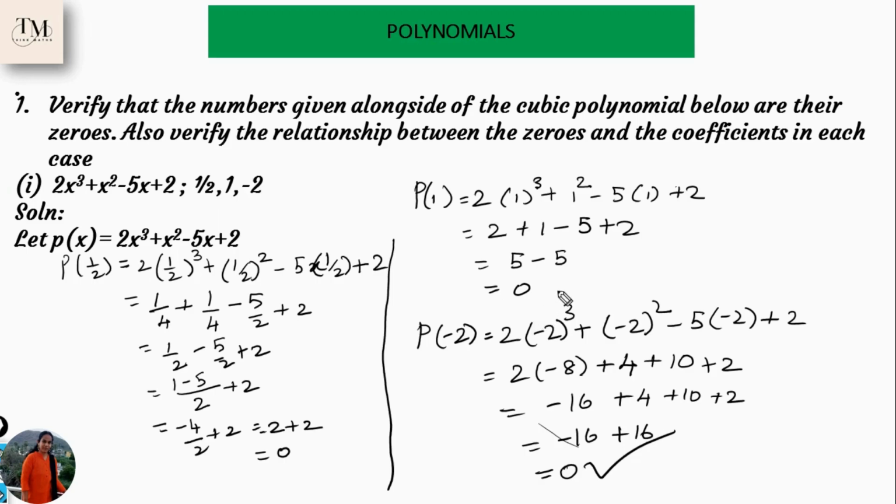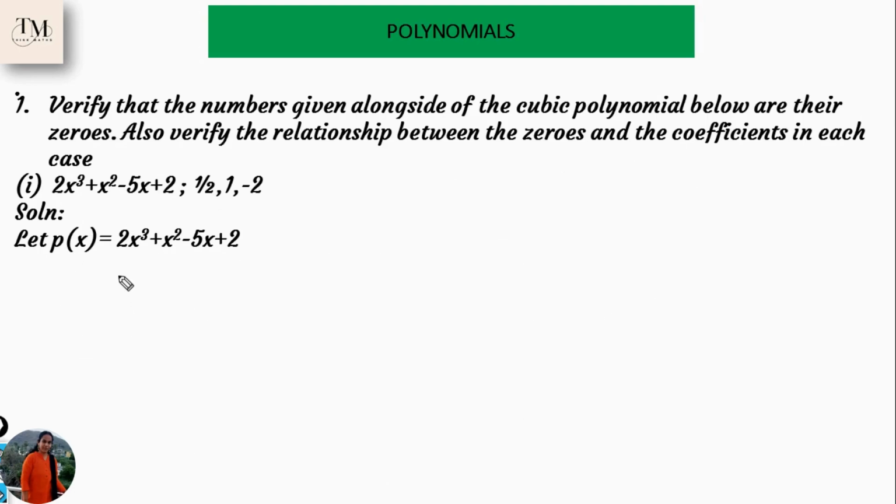Next we have to verify the relationship between the zeros and the coefficients in each case. Let me erase this. Now I am going to take alpha, beta, gamma as roots of this polynomial.